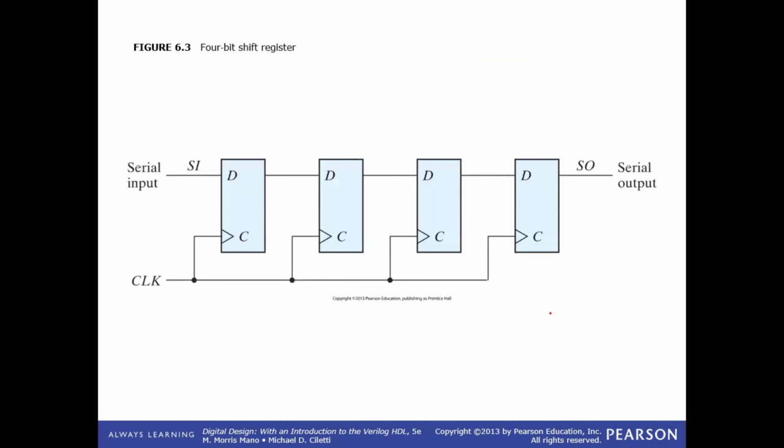So we have a shift register over here. This is a 4-bit shift register. A 4-bit shift register is something that has a serial input and a serial output, that is evident in front of you over here. So what do we mean by serially transferring data?